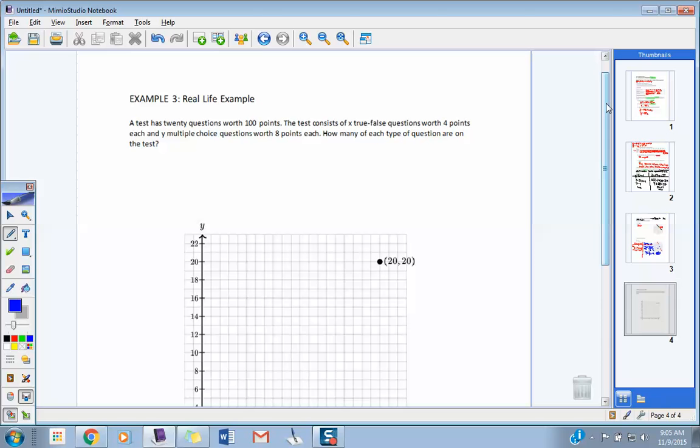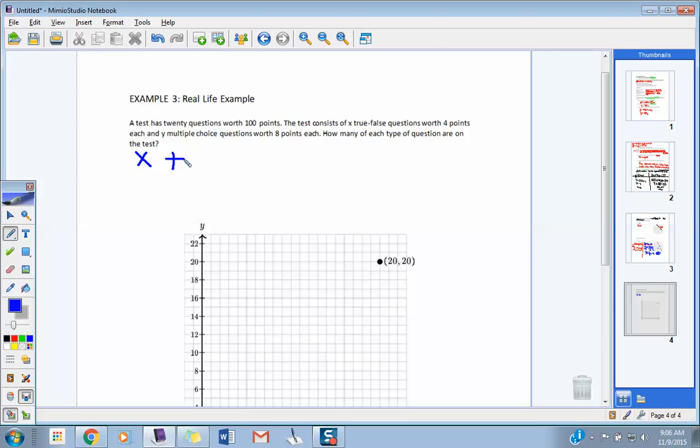So you have some true-false questions, right? True-false questions represented by what? Which variable? X. To that, we're going to add some multiple choice questions, right?